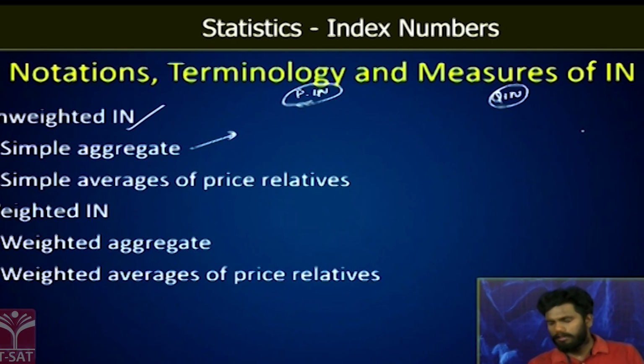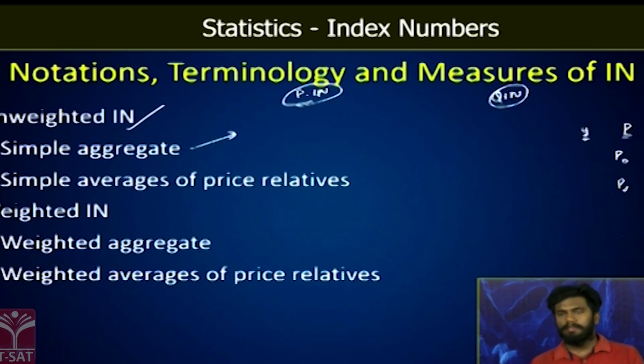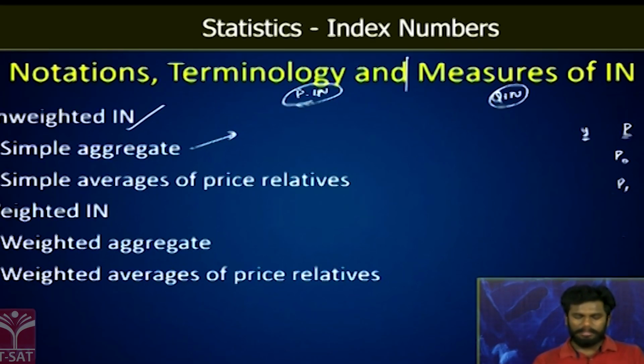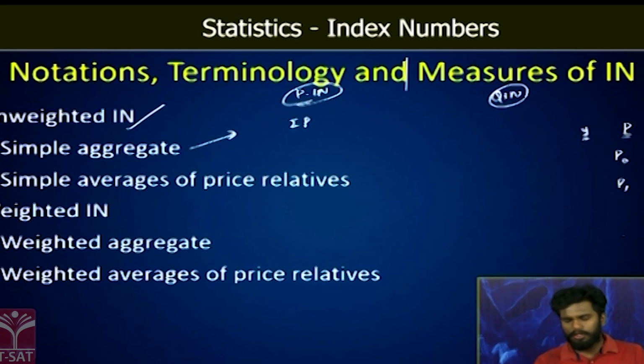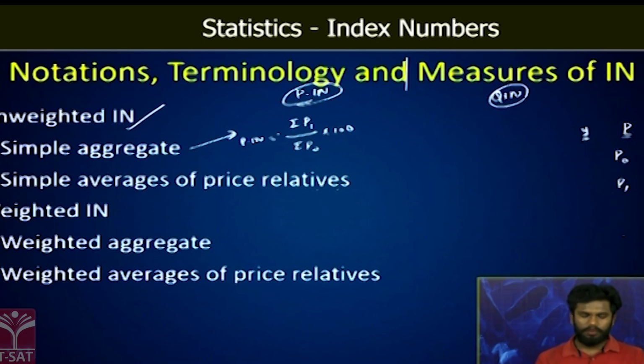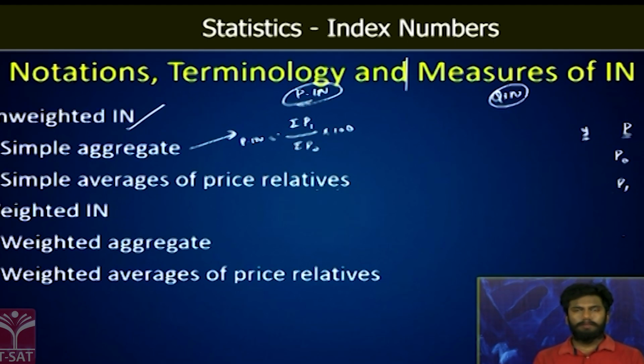When you have the year and the price values, P0 and P1, the prices in the base year and the prices in the current year, using the simple aggregate method we find the price index number using the formula: summation P1 by summation P0 into 100. This is the formula for finding the price index numbers using the simple aggregate method.